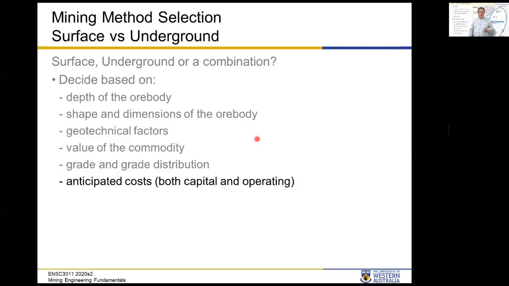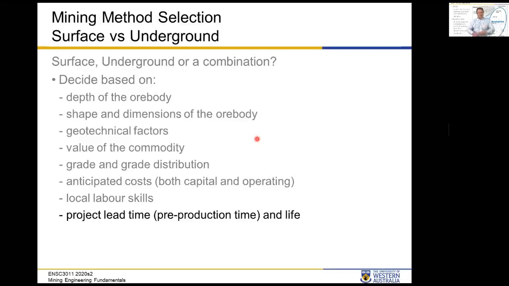Costs, obviously, always important, and as a general rule, surface mining is cheaper, both with capital and operating costs. Local labour skills, surface mining is easier, so some students drive trucks after 1 or 2 days training, whereas some of the underground equipment is fairly specialised and needs much more training.